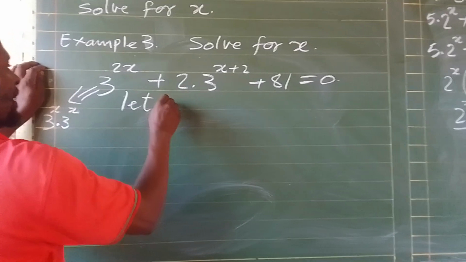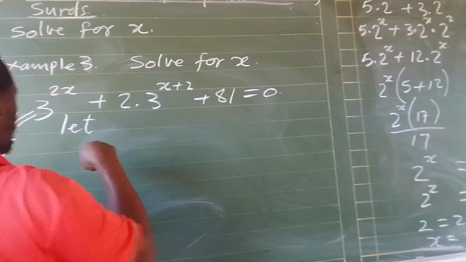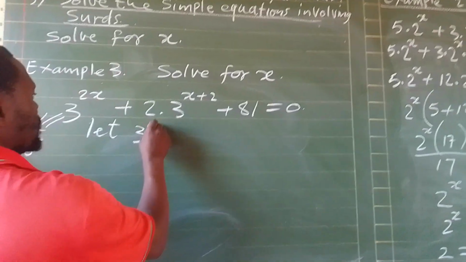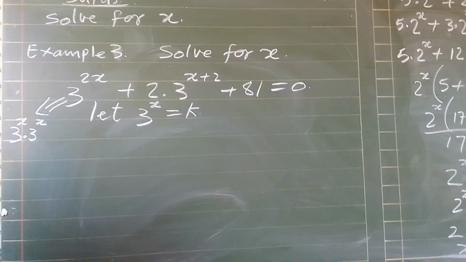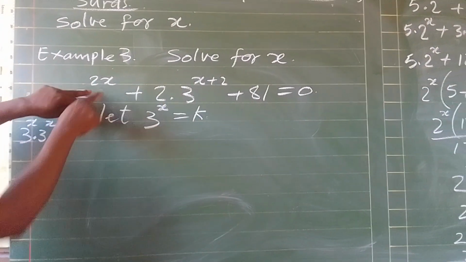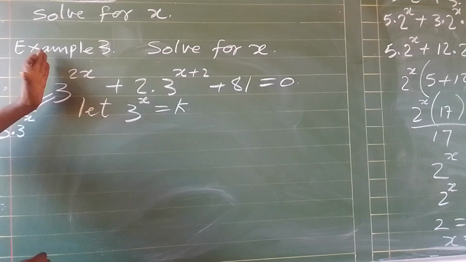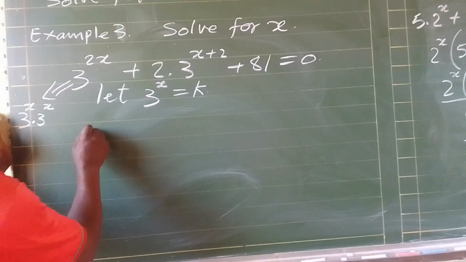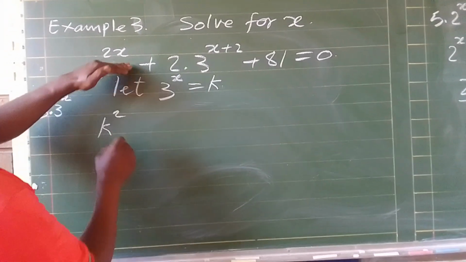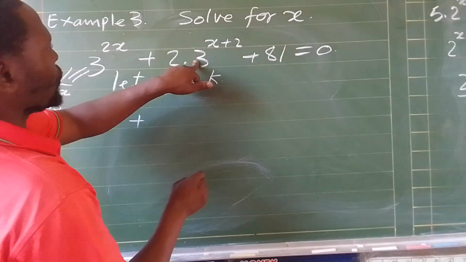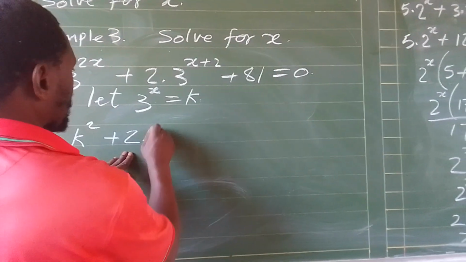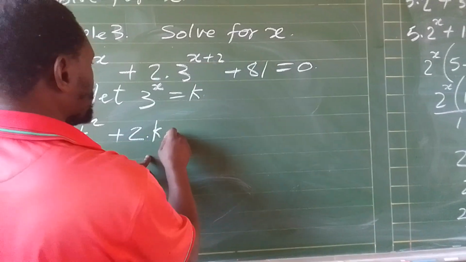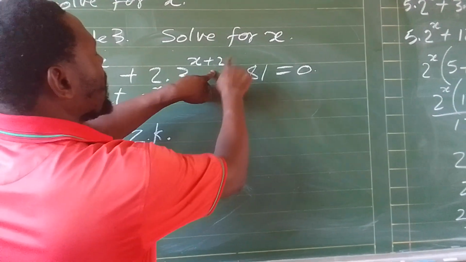You say let 3 to the power x be equal to k. You see here, you have k squared. So you come here and say it is going to be k squared plus 2 times k times 2 to the power 2.